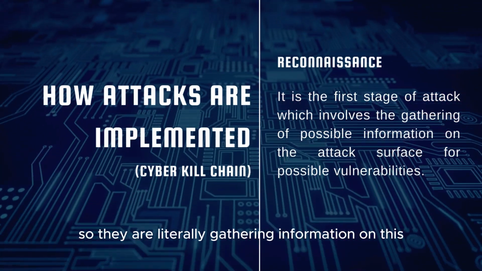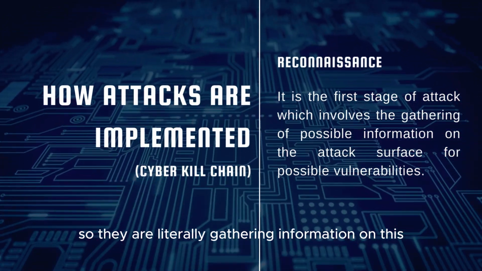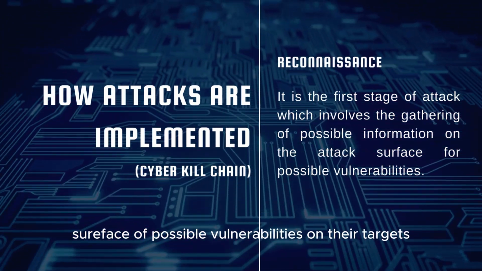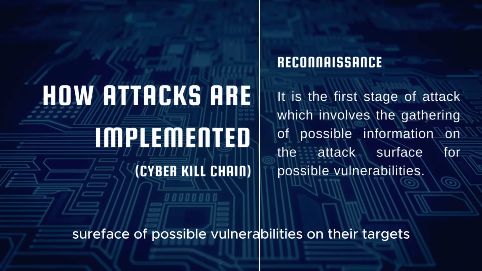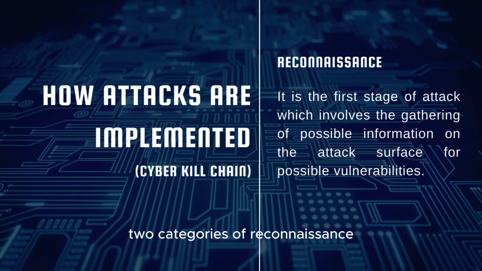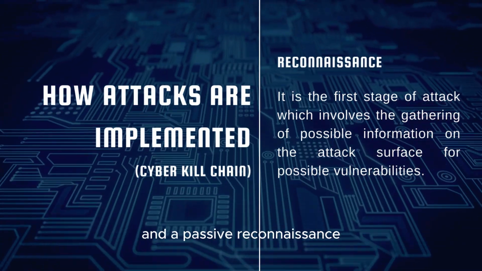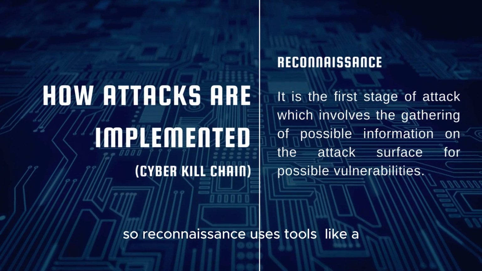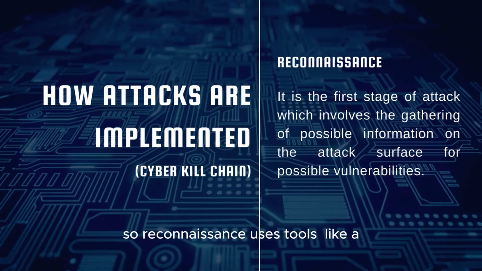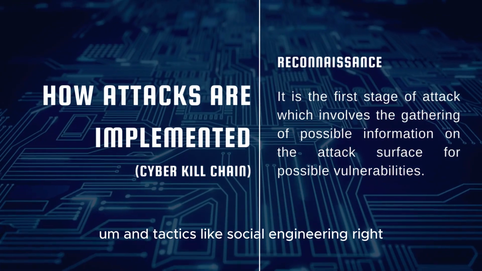So they are literally gathering information on the attack surface of possible vulnerabilities on their targets. We have two categories of reconnaissance: active reconnaissance and passive reconnaissance. Reconnaissance uses tools and tactics like social engineering, right?